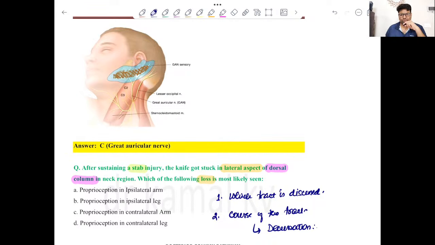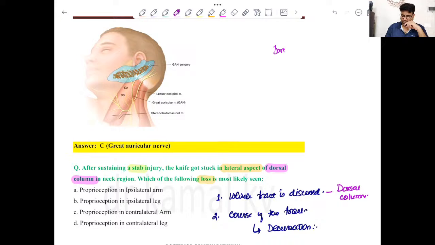Decussation is the crossing over. In this case, we are discussing the dorsal column. Now tell me, what is the point of decussation of the dorsal column?